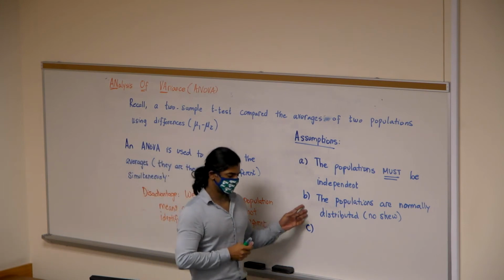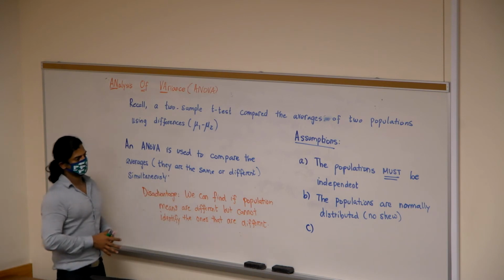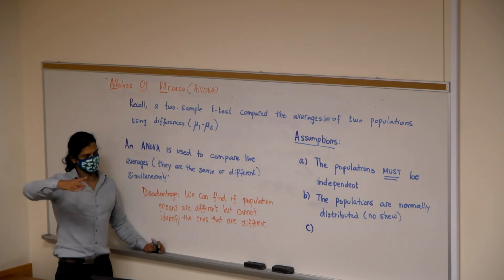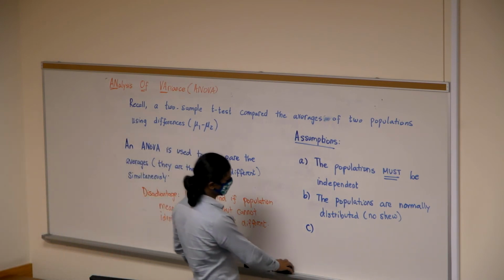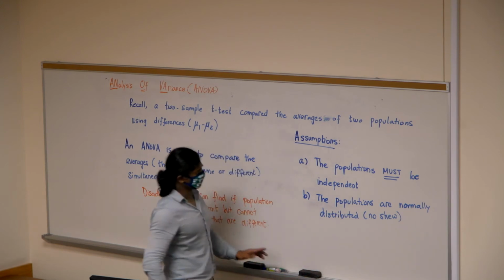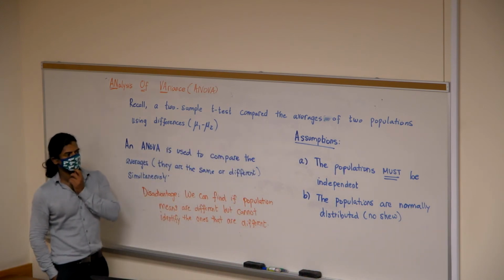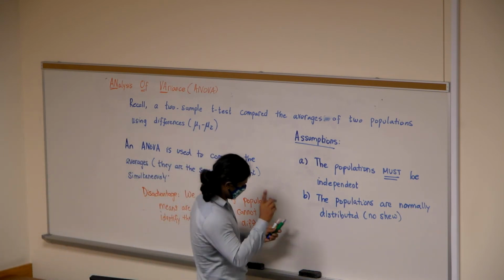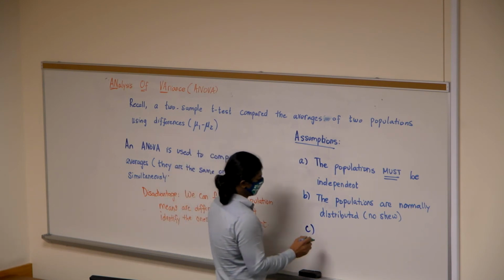So a similar thing is that the populations are identical in the sense that if one of them is normally distributed, then every single population has to be normally distributed. Those are the two important assumptions that we need to have within ANOVA. The third one, this is theoretical.